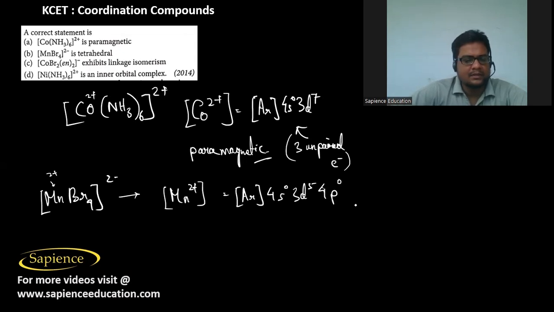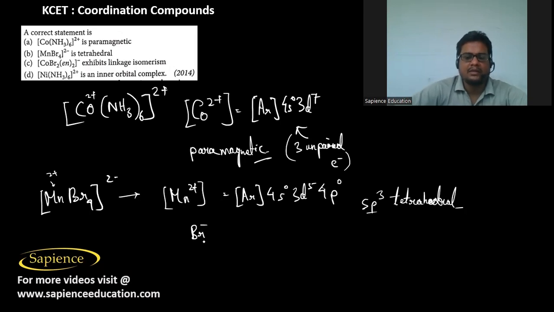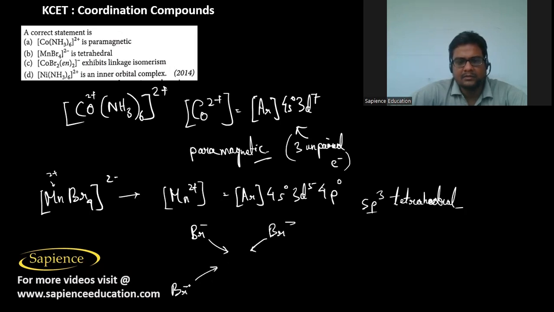So it can have sp3 hybridization, that is, tetrahedral shape it can have. Tetrahedral, since here four surrounding Br- atoms are linked with Mn2+. The four Br- atoms will donate the electron pair to Mn2+.